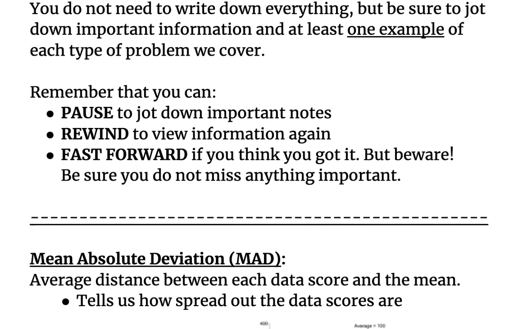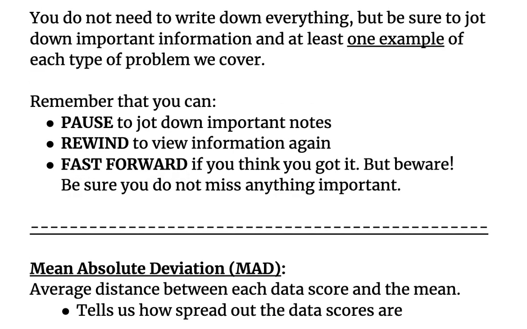All right, so what is MAD, or mean absolute deviation, you ask? The mean absolute deviation is exactly what it sounds like. It involves the mean, the average. If you remember from previous lessons, absolute is like the absolute value, so that talks about distance, because absolute value is the distance away from zero.